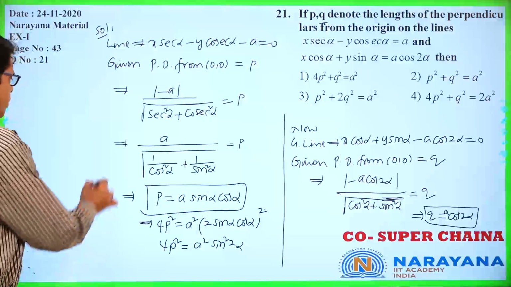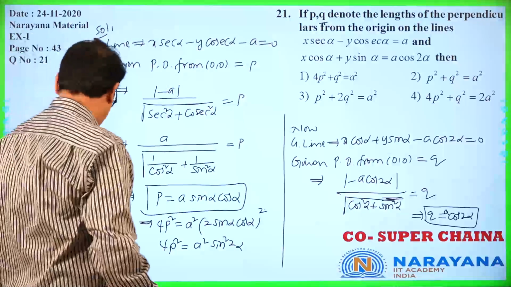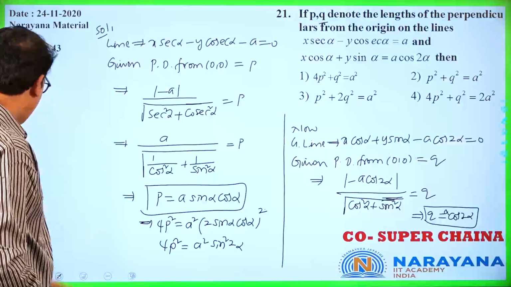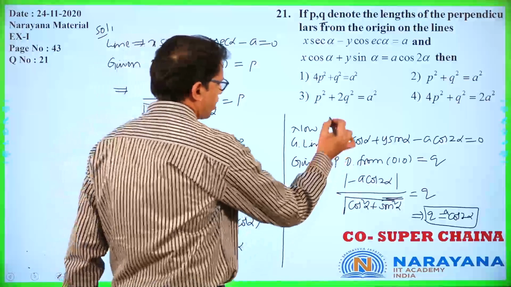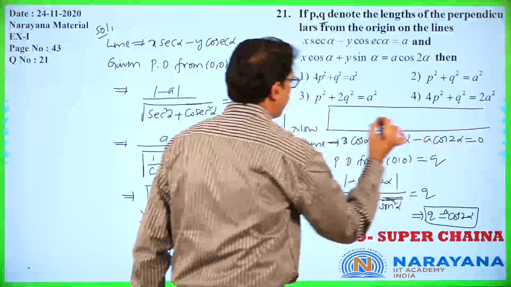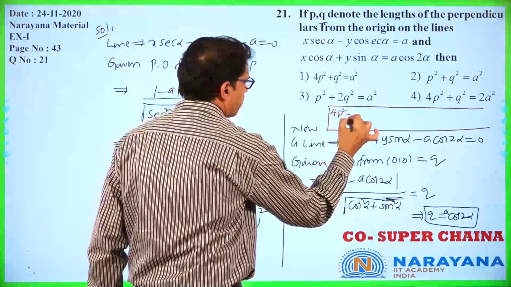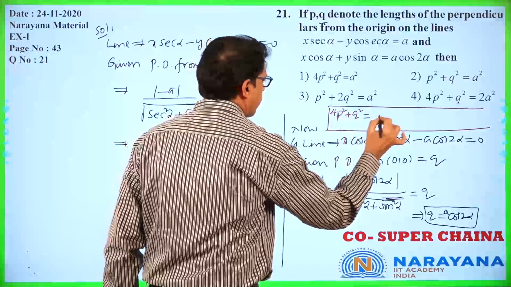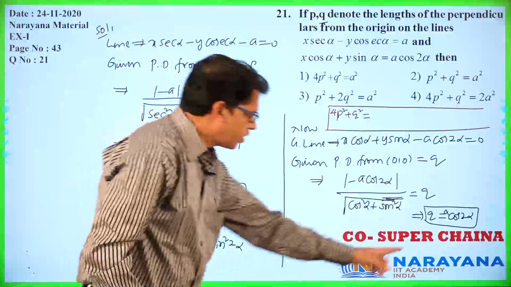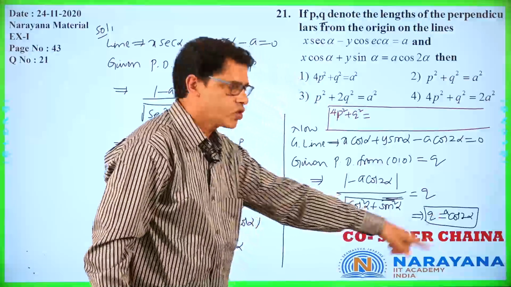So if you square and add, here I am writing with the red pen. Therefore 4P square plus Q square equals how much? 4P square is A square sin square 2 alpha, and Q square is A square cos square 2 alpha.